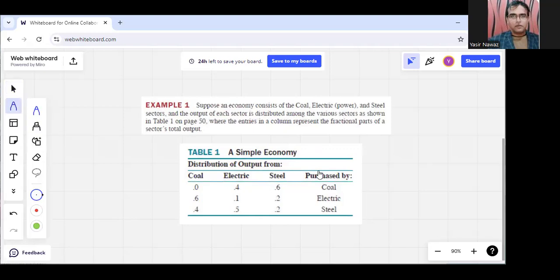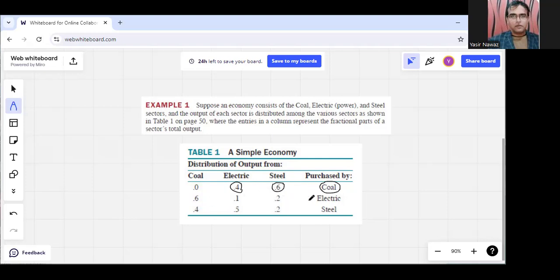So here coal is taking nothing from its own sector. It's taking 0.4 of the electric output and 0.6 of the steel output. Coal is taking these two things.